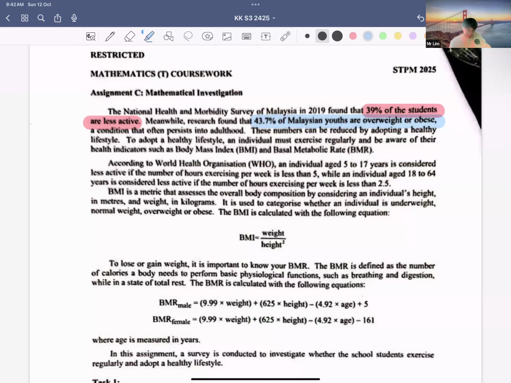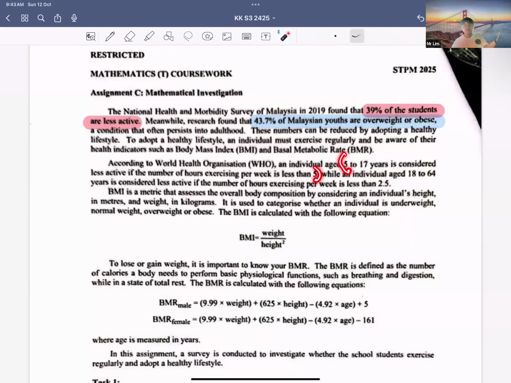According to WHO, an individual aged 5 to 17 years is considered less active if the number of hours of exercise per week is less than 5 hours. Most probably you are not going to use this indicator because your age is at least 19, or some of you maybe 20.